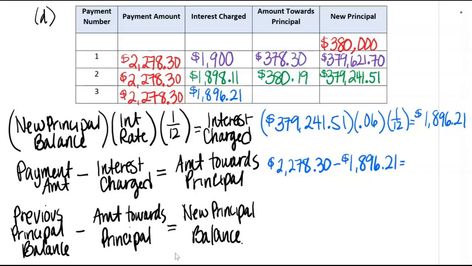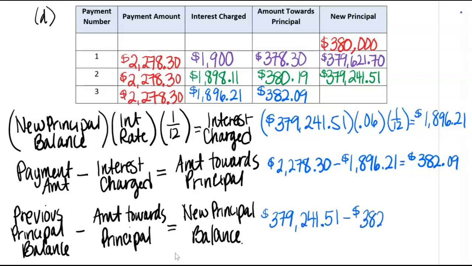That gives us amount towards principal as $382.09. For the new principal balance, we start with the previous principal balance, which is $379,241.51, minus the amount that went towards principal, which is $382.09.